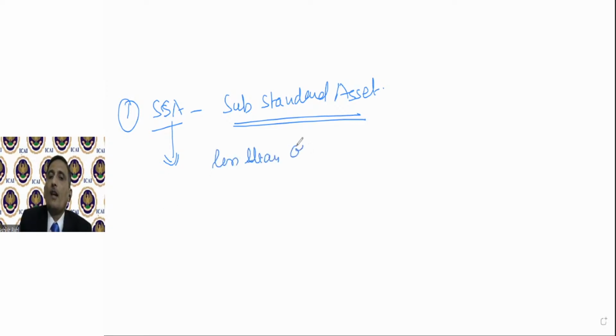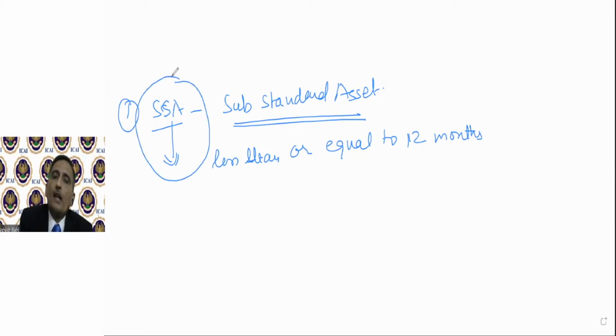Less than or equal to 12 months, 1 साल या 1 साल से कम. So whenever an account is first identified as an NPA, it goes into the category of substandard assets, because firstly it has to be classified as a substandard asset.